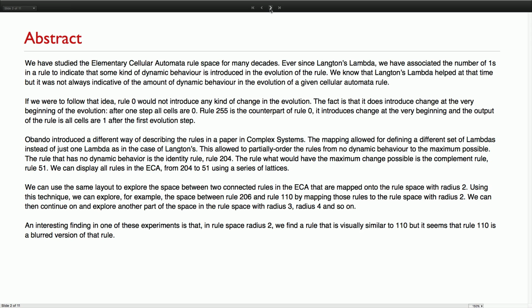Because the rule indicates local behavior, not global behavior, in any complex system. Trying to draw some information about the global behavior, given the local behavior, is difficult. The fact that we know what happens in the local part of the rule doesn't mean that I'm going to know what happens globally.